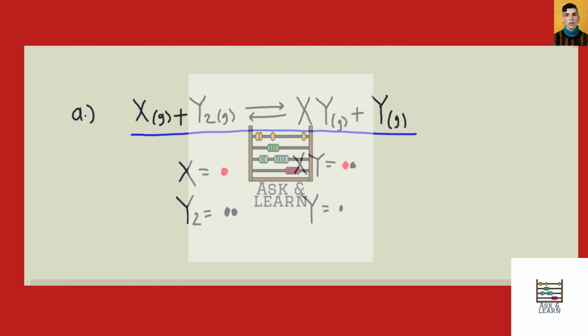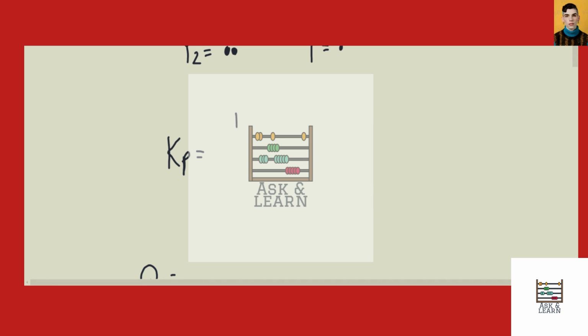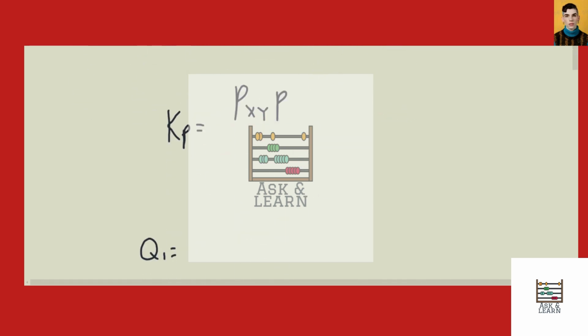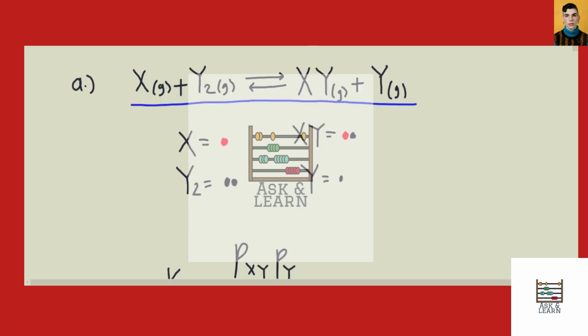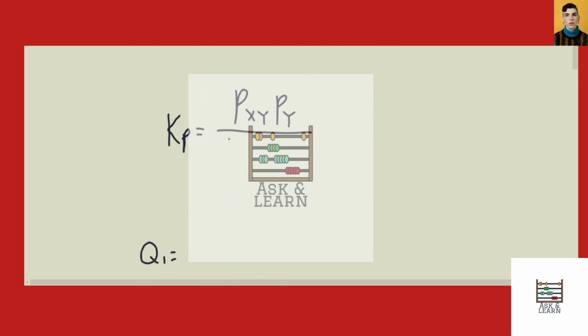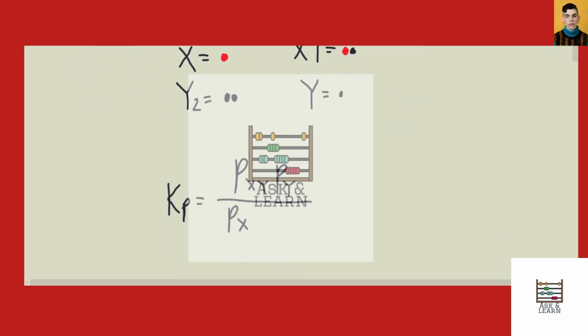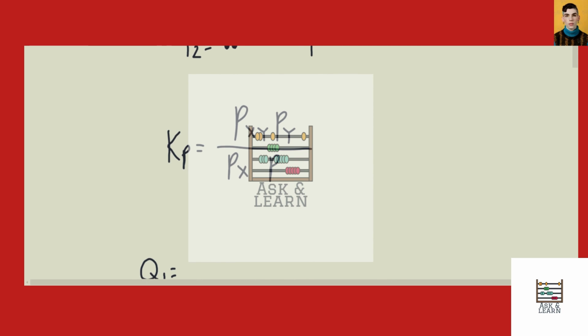We know that from this expression, it would be the partial pressure of the product, so XY gas, times the partial pressure of Y gas, divided by the partial pressure of X times the partial pressure of Y2. And we know that at equilibrium, this is equal to 4.5.